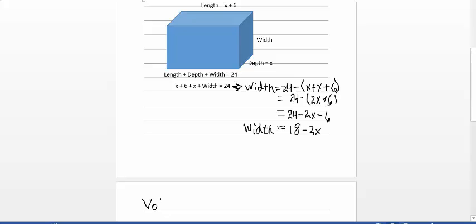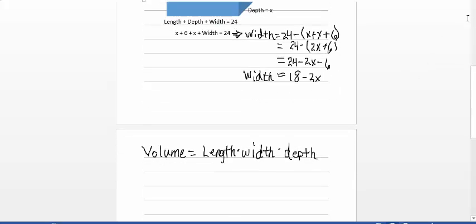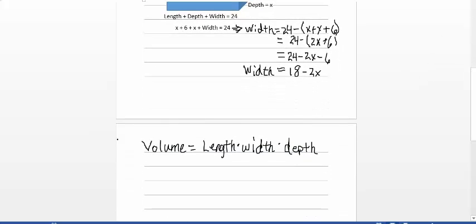Now we're told that volume is 432 cubic inches. And volume is length times width times depth whenever you have a geometric figure with this three-dimensional shape.